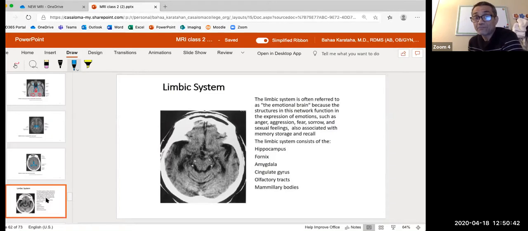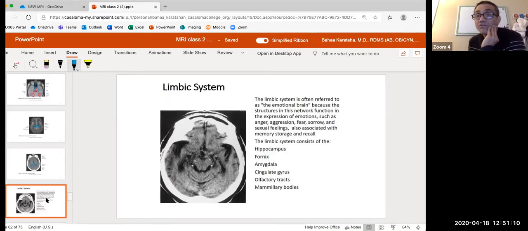So one more time, the limbic system is not a structure by itself within your brain. No, it's several different structures that combine together, functionally, to give me all of the above functions, like emotions, expression of aggression, sorrow, memory, etc. Okay?